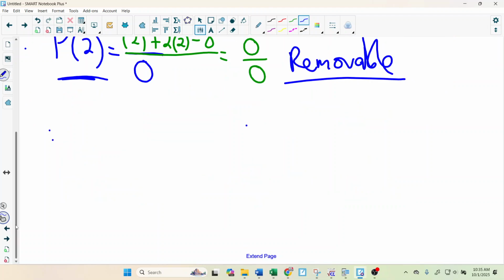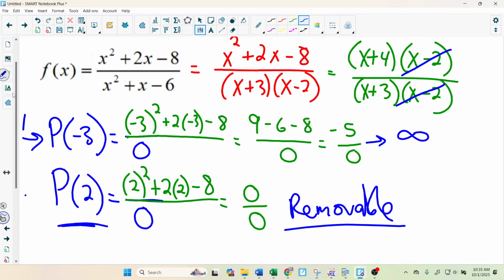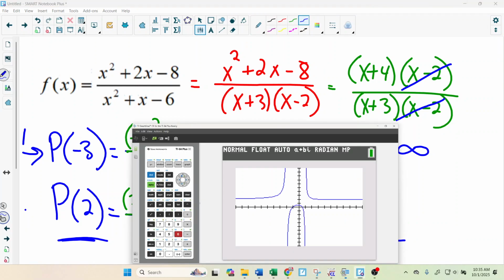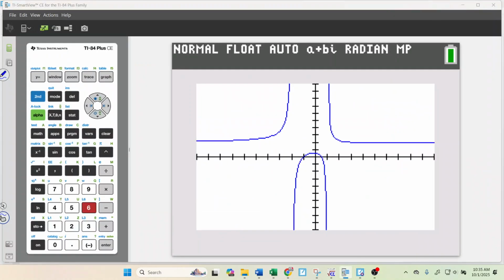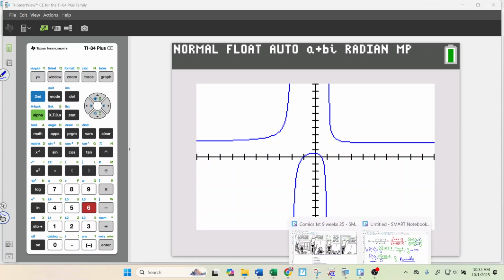We then could look at what happens at negative 3 from the right and the left to figure out positive or negative on either side. So let's just graph it to understand what we have. I gotta go back here.